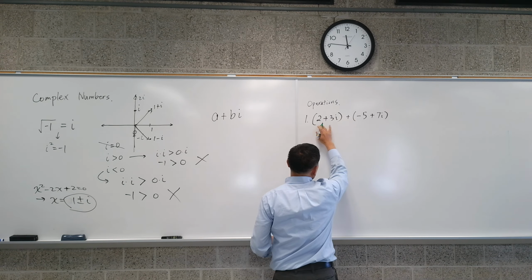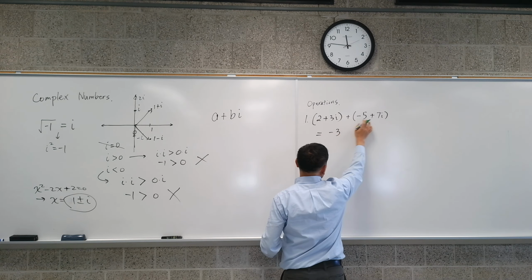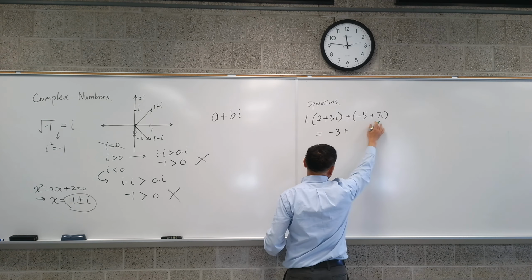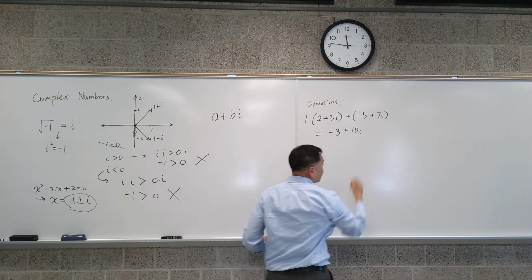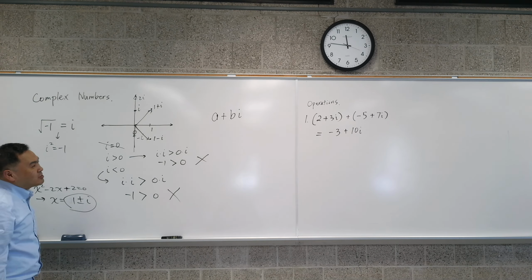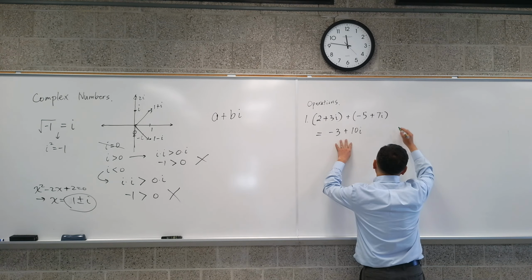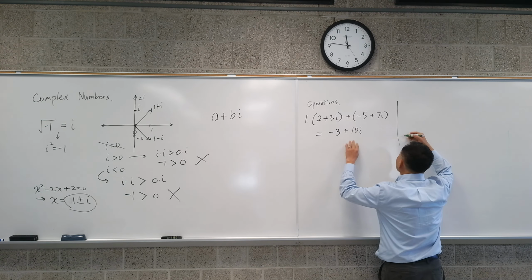Then you just add the real parts together and the imaginary parts together, and that's what you get. And if you think about it, this is exactly the kind of thing that you would do if you added two vectors.